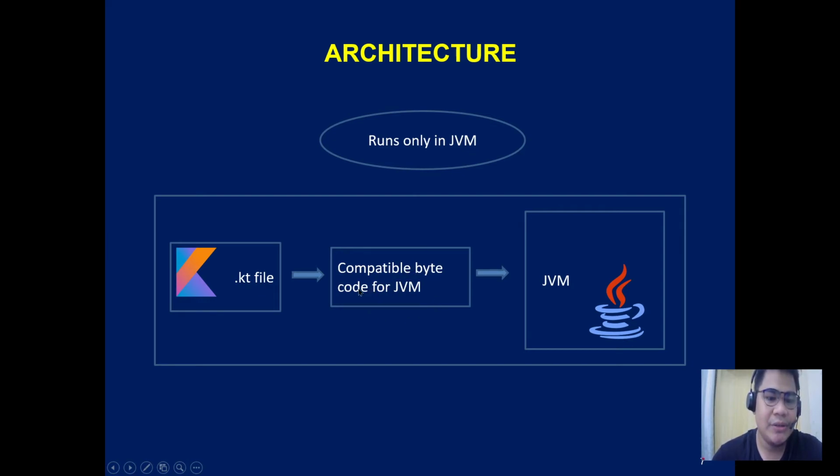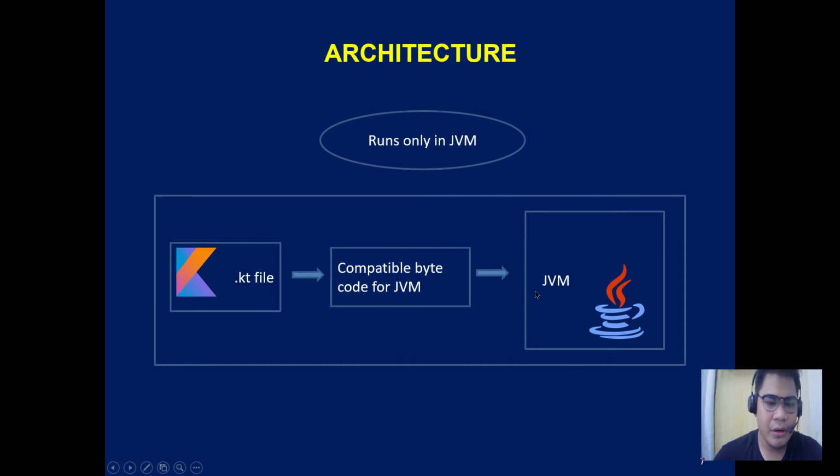So yes, it works the same as Java: once the compiler executes a Kotlin file, it generates a bytecode that is compatible with the JVM. The same process happens in normal Java: when a class is created, it generates a bytecode which is compatible with a Java virtual machine.